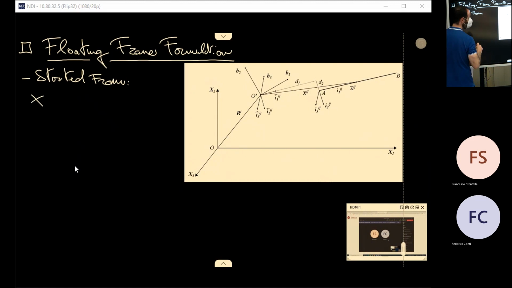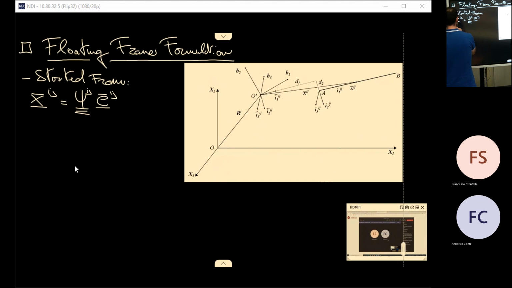We have that the position described with respect to the element frame of the body I, so element J of body I, could be written in terms of some shape elements as a linear combination of the nodal variables.